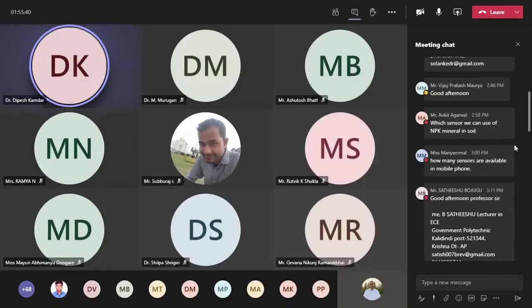That might be more familiar to somebody doing research on the agriculture side, or something specifically soil sensor. But optical, definitely. Ankit bhai can report it.